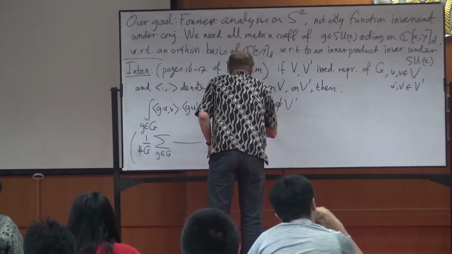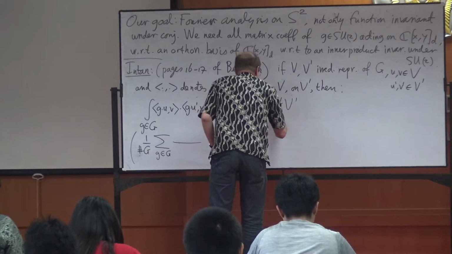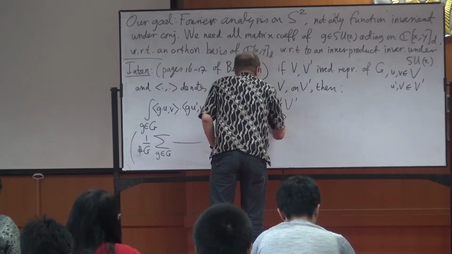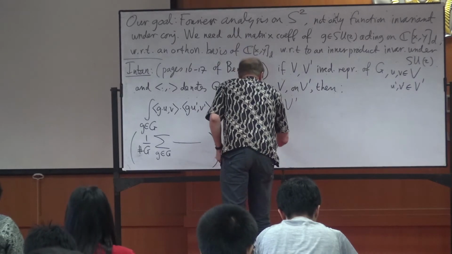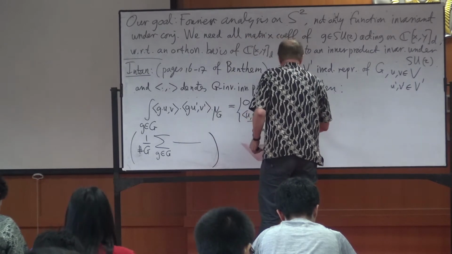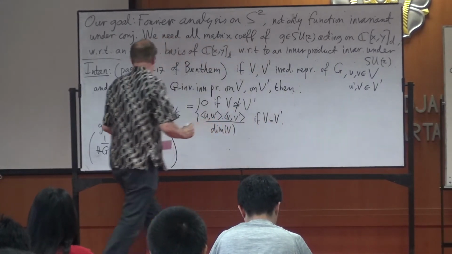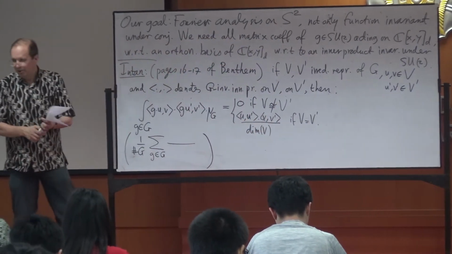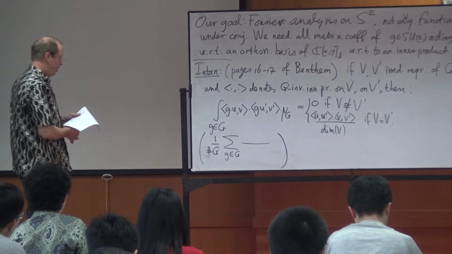Then you have the inner product of u and u prime times the inner product of v and v prime, divided by the dimension of V, if V is equal to V prime. Okay, I hope that this is what was done yesterday when I was away.